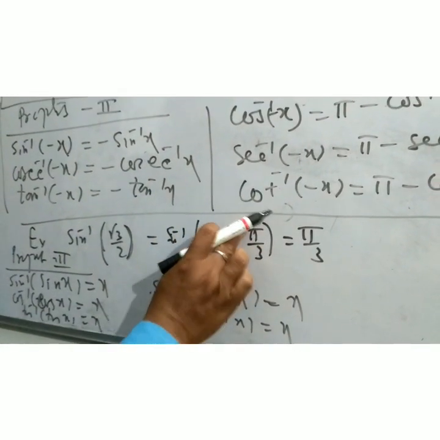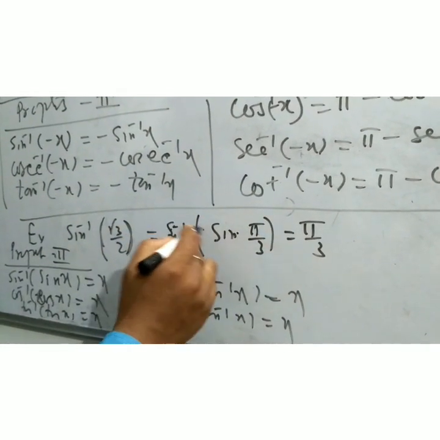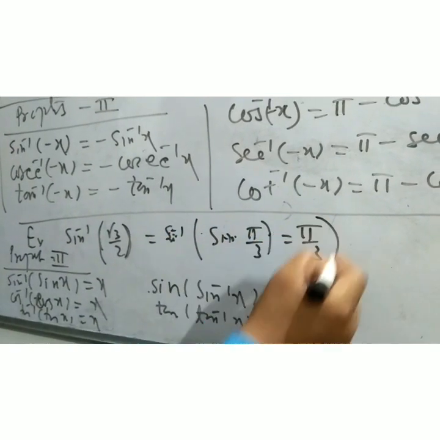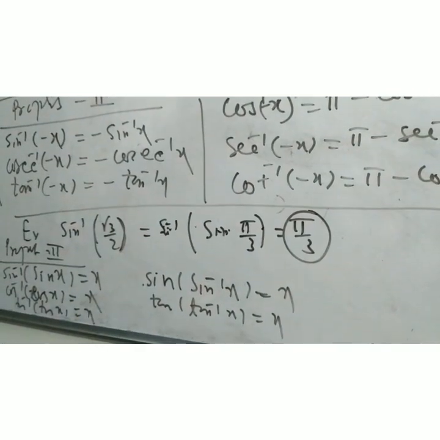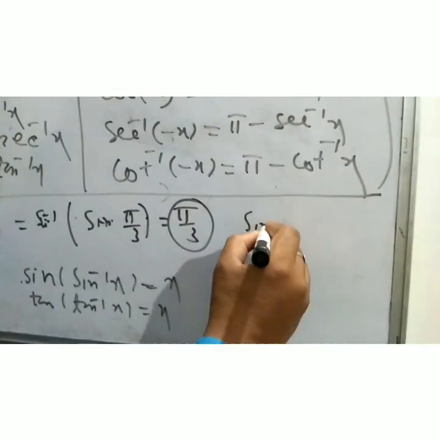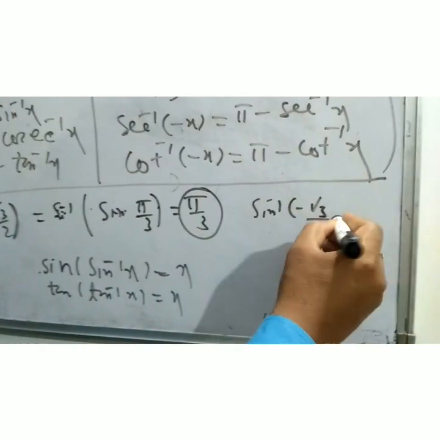So in this case, sin inverse sin theta, the sin inverse cancels, and the value will be pi by 3. But using this property, suppose I write sin inverse of minus root 3 by 2.